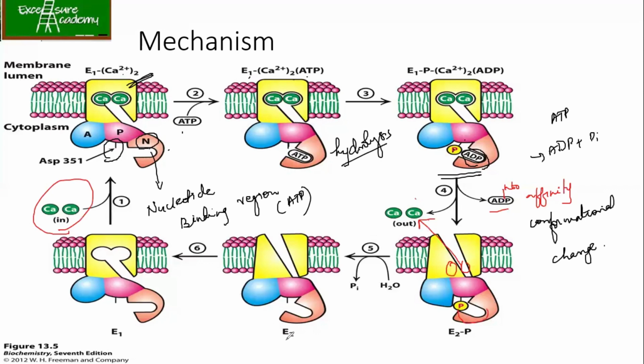Now this is a stage E2 where you don't have anything. ना कैल्शियम है ना फॉस्फेट है ना ATP है. Okay, so now it will get closed and come back to its resting stage, where another round of binding of calcium will happen and the cycle will repeat.